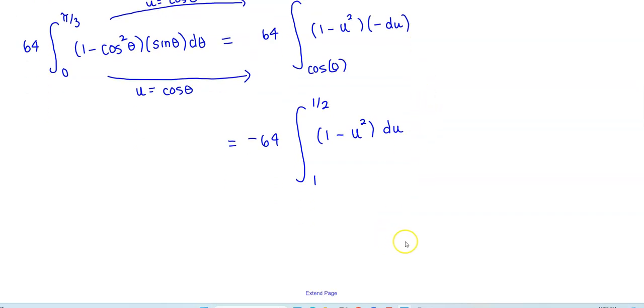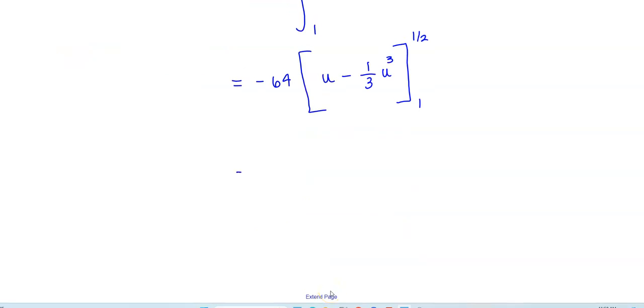Okay, so now let's take the antiderivative. So we have negative 64 times the antiderivative of 1, which is u, minus the antiderivative of u squared, which is 1/3 u to the 3rd power. And then we're evaluating it from 1 to 1/2. And so let's substitute.